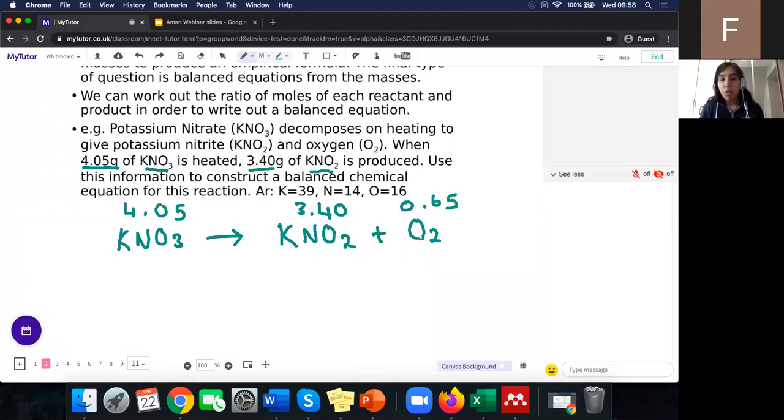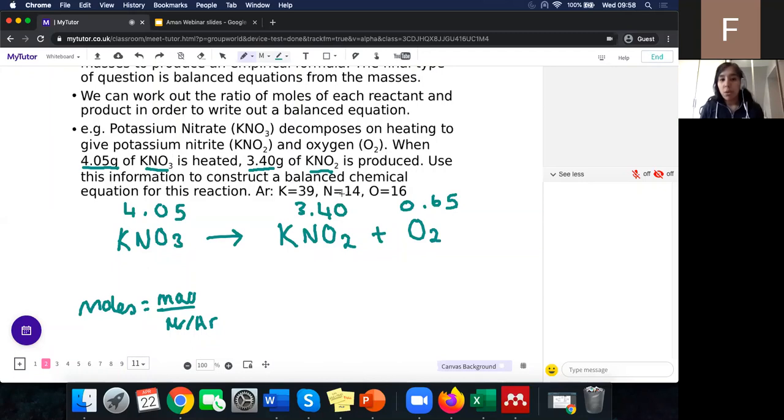Now that we've got the grams of all of the reactants and the products, we can start by calculating the moles. Remember, moles equals the mass over the MR or AR. In potassium nitrate, that is 4.05 divided by the MR. Potassium has an AR of 39.